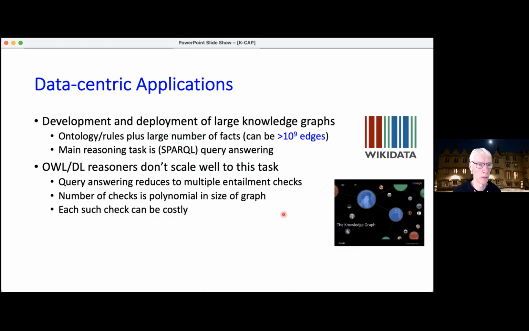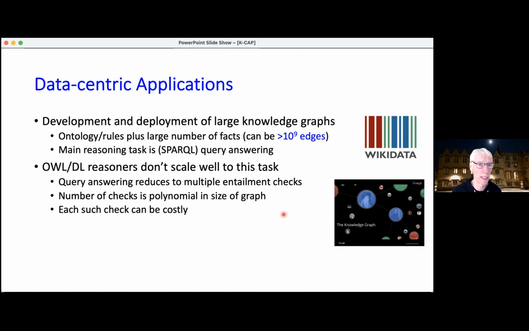And in many industry applications, we see these more data-centric applications where the knowledge graph looks rather different. Instead of just having this huge ontology and literally zero data, they tend to have a modest size ontology in typical cases, I would say, but huge data sets potentially. And in these kinds of applications, we're looking at graphs where there can be 10 to the 9 edges or even more.